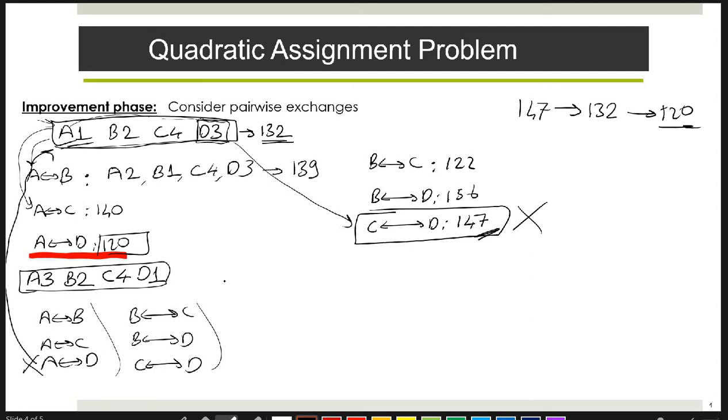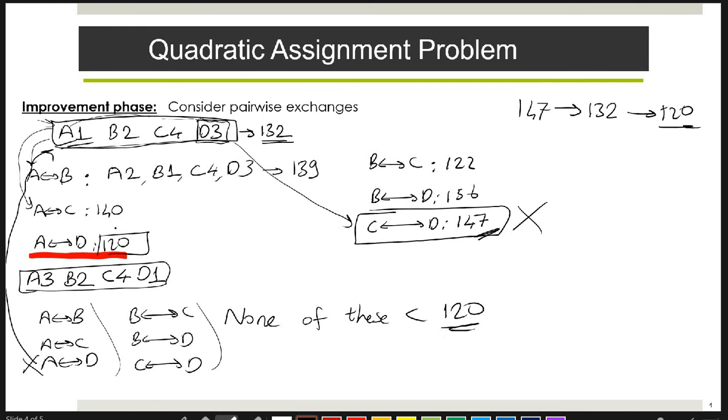If you do that, actually, I don't have the values here, but the thing is, none of these is less than 120.